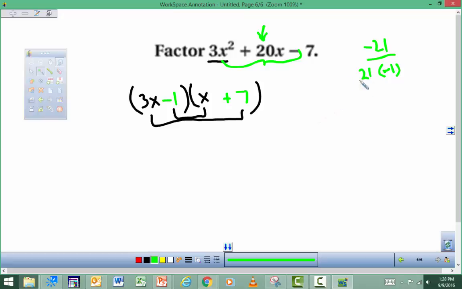The AC method has its own way of doing this also. But now we replace the middle term. So we write this as 3x squared plus 21x minus 1x and then minus 7. And now we proceed by factoring by grouping. So I'm looking at these first two terms and I'm saying, well, what can I factor out of here?